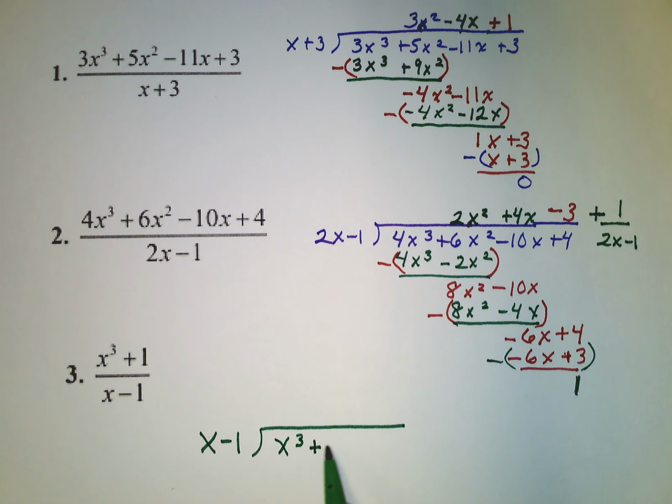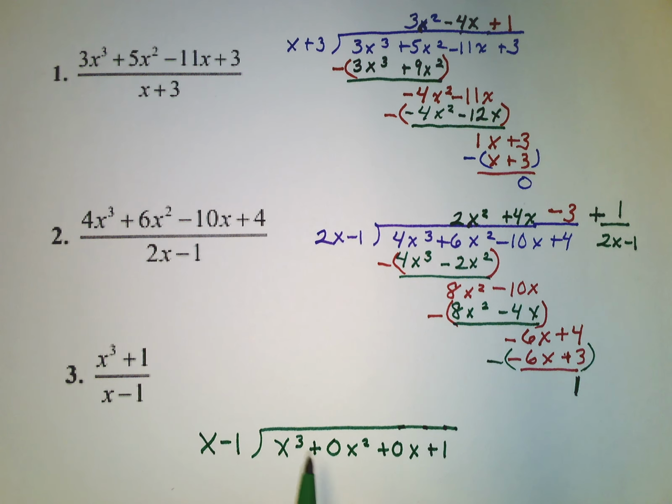We have to fill in that there are no x squareds. Not only are there no x squareds, there are no x to the firsts either, and we have to fill that in. And then the constant on the end. We need all of these place values to be in place in order to complete the problem.